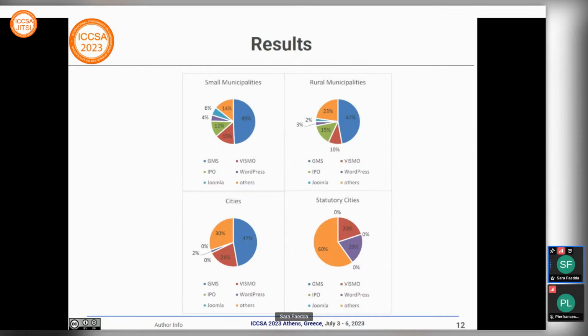So mostly half of small municipalities used the custom system, Galileo, as well as rural municipalities. And when we go further, according to the size, bigger and bigger city or municipality, it means that they don't use, for example, in the case of a statutory city, any Galileo or something like this. These most popular systems, they have mostly the systems called others, so really customized systems.